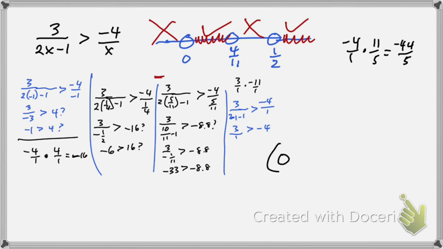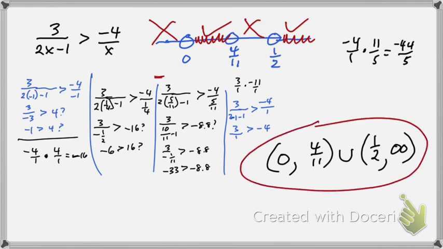Can't reach it. The biggest it can be is 4/11. Can't reach it. Union. Smallest the right-hand chunk can be is 1/2. And the biggest it can be is infinity. Can't reach it. There's our answer. Like I said, I would not give you one like that on a test.